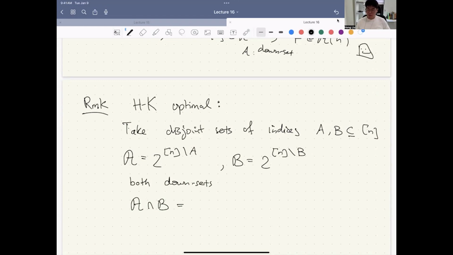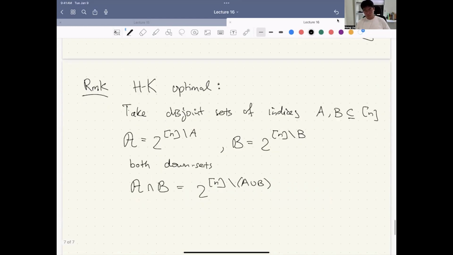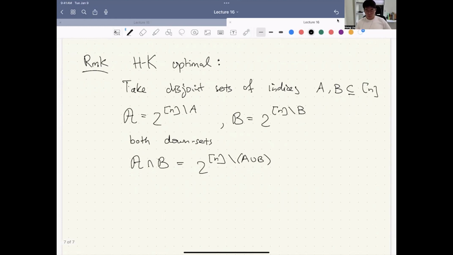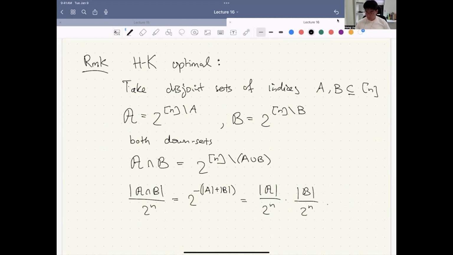It is all those subsets not containing elements in A and not containing elements in B. So it's all the subsets of [n] minus A union B. In this case, if you compute this density, it equals 2 to the negative (|A| plus |B|), which equals size of A over 2 to the n times size of B over 2 to the n.